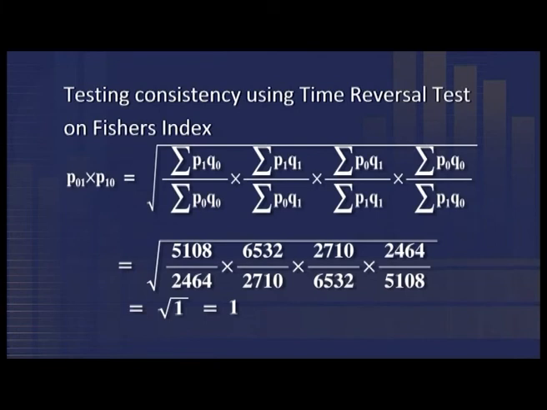By substituting the values in the product of P01 and P10 we will get as the square root of 5108 divided by 2464 into 6532 divided by 2710 into 2710 by 6532 into 2464 divided by 5108, which is equal to square root of 1 is equal to 1. Hence, time reversal test is satisfied.